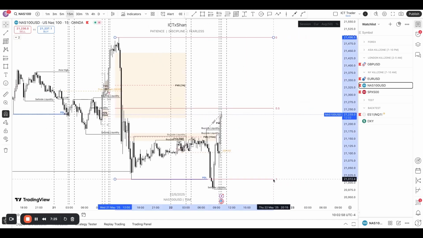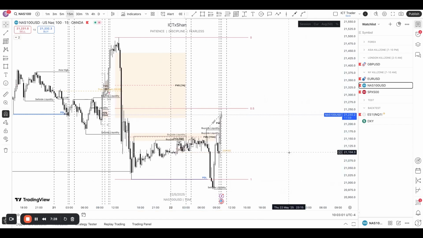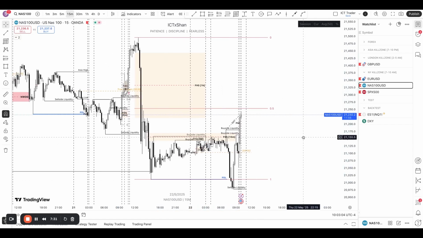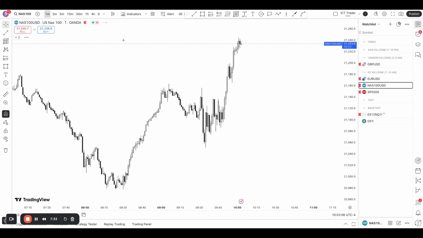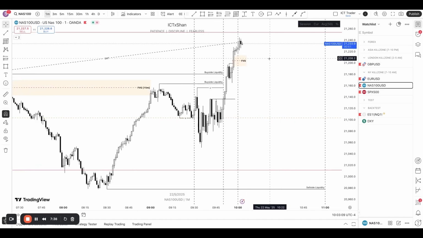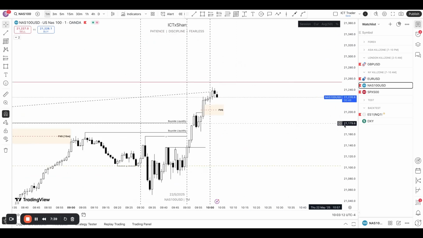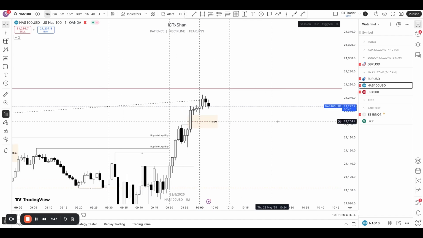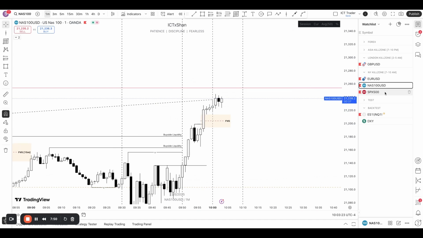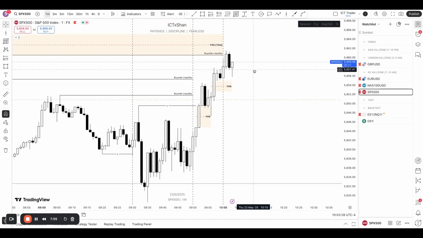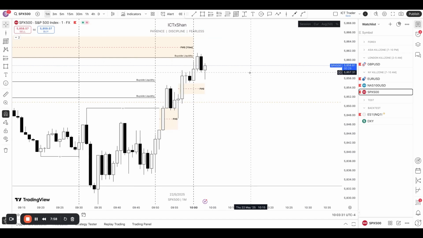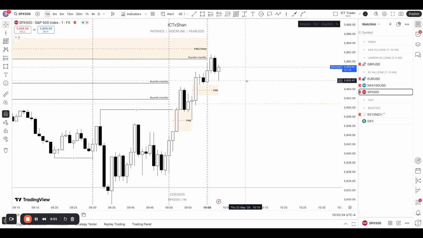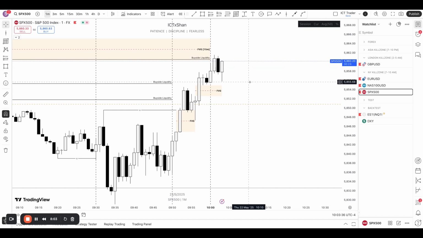This is actually this. Let's see. So when it comes to silver bullet, mostly I enter inside the gap. So that's where I expect the price to move higher or lower with a high frequency move.